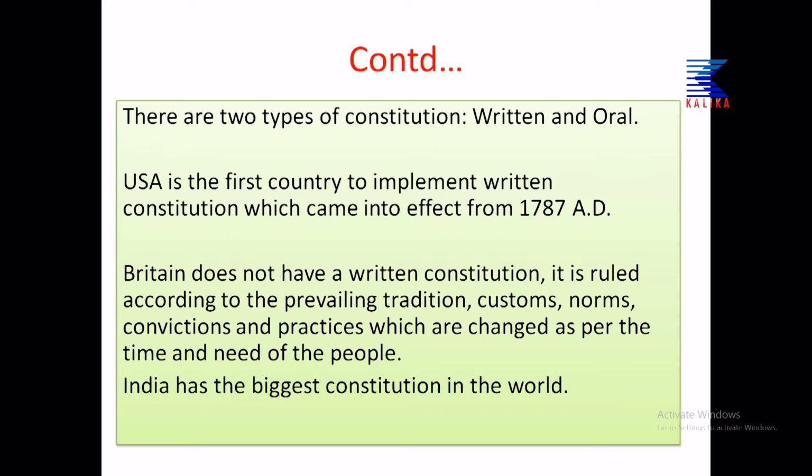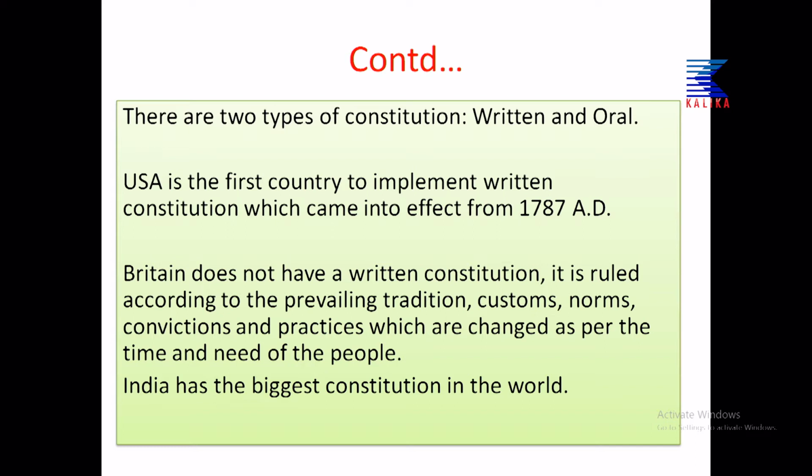So, after its introduction, let us discuss the types of constitution. If you look at the history of the world, you can find there are two types of constitution. They are the written constitution and the oral constitution. A written constitution is that type of constitution where the different laws, principles, regulations, etc. are kept in written form and given the form of a book.